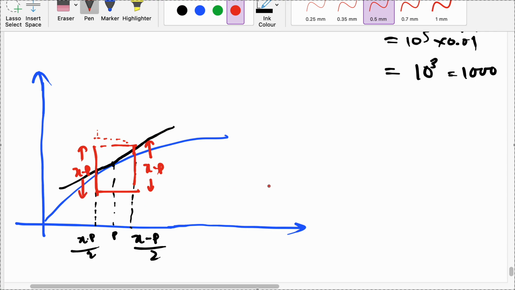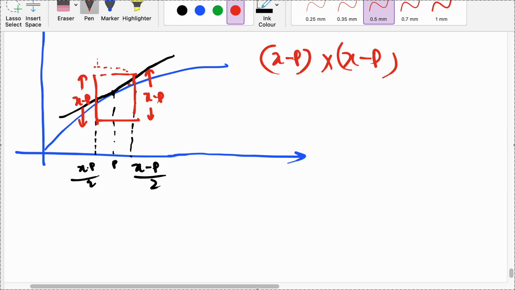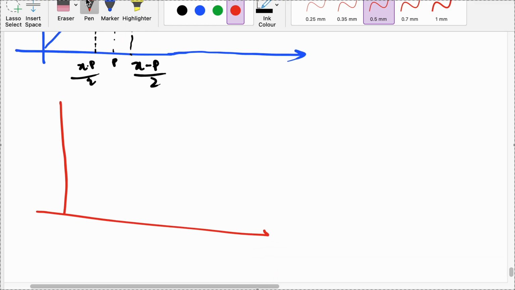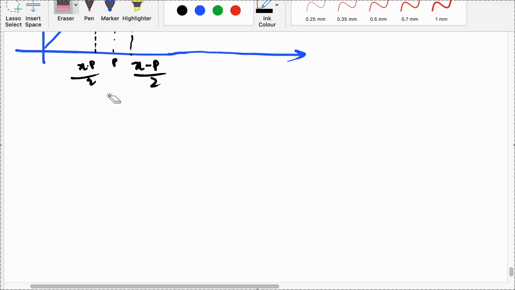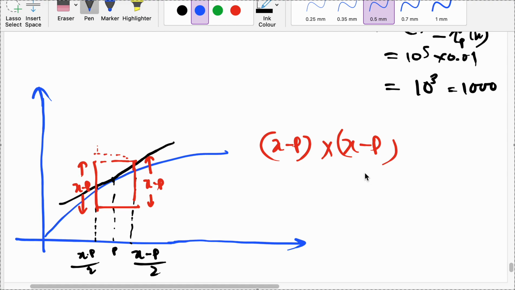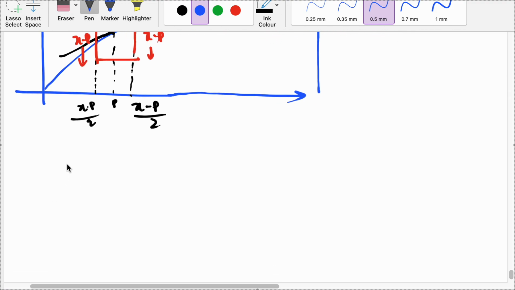So if I draw a square whose dimension is x minus p cross x minus p, and I zoom out, meaning I take it out and make this x minus p equal to 1, meaning I make it large, draw it here.